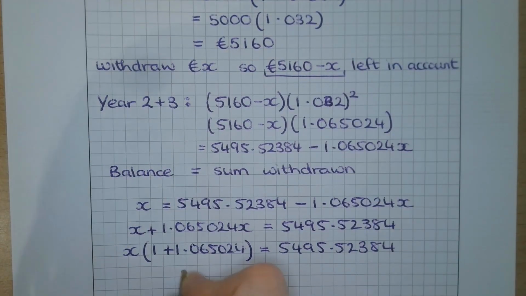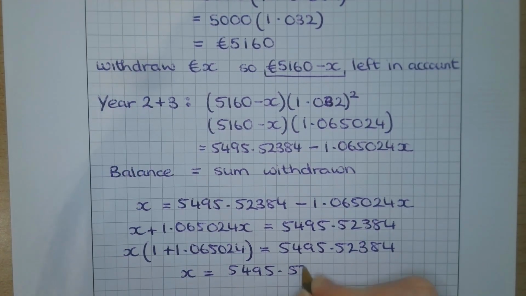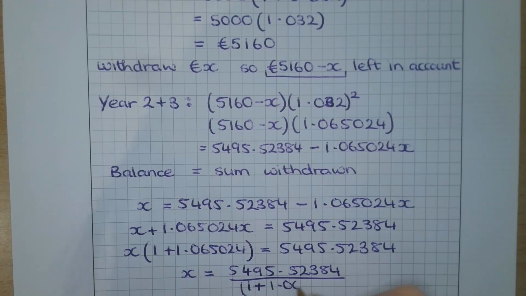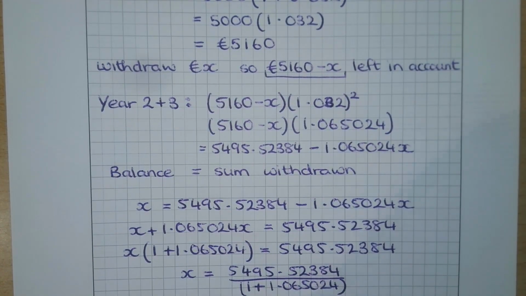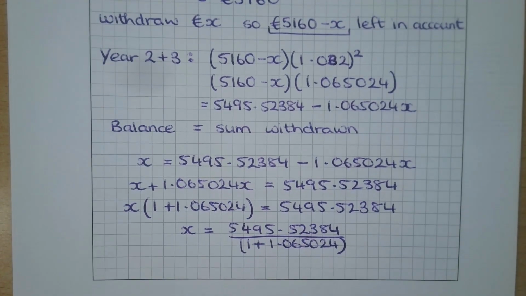And that allows us to isolate X, because we can bring over the bracket and divide both sides by that bracket. Again, I could add that together at the same time if I wanted to, so we make that 2.065024.